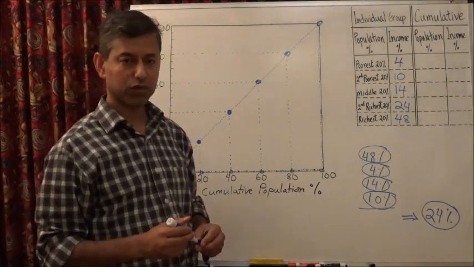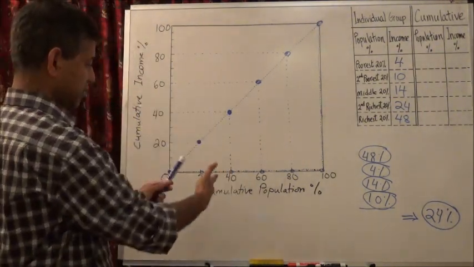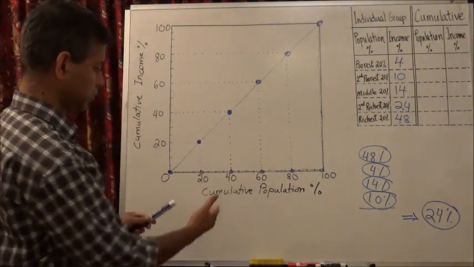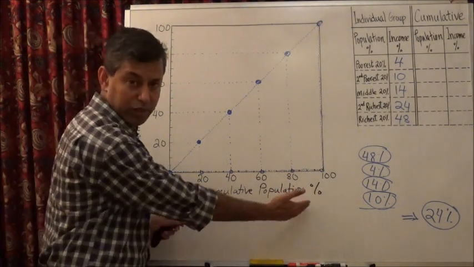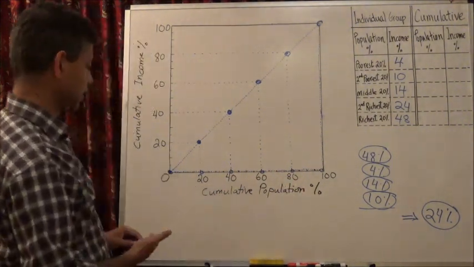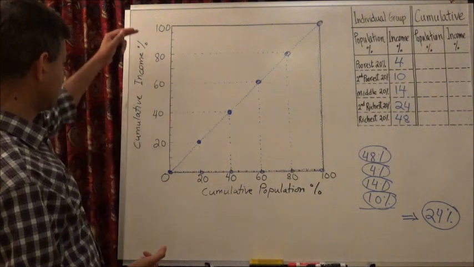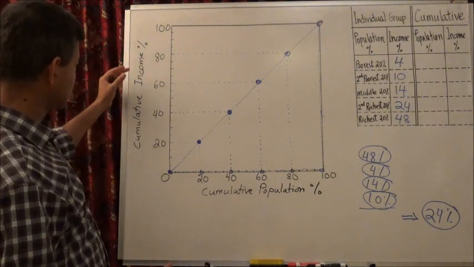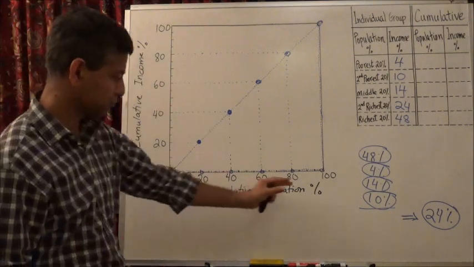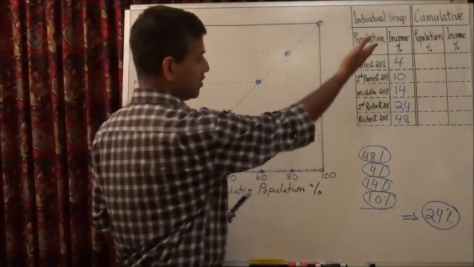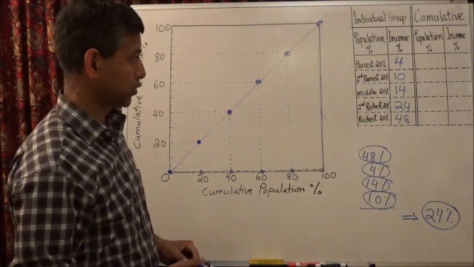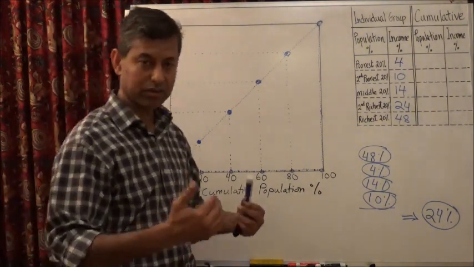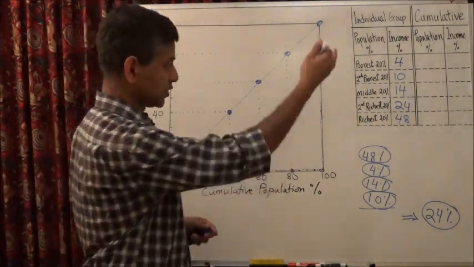For constructing the Lorenz curve, we measure cumulative population share on the horizontal axis, and on the vertical axis we measure the cumulative income share. So it's cumulative income share against cumulative population share. With our example, we can calculate the cumulative shares down the table.